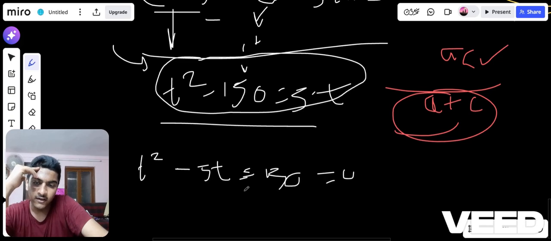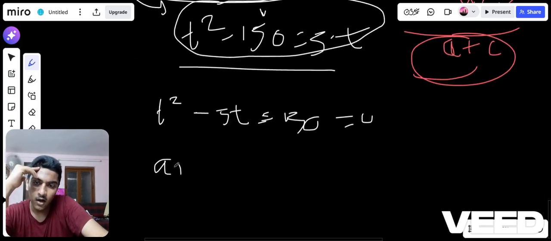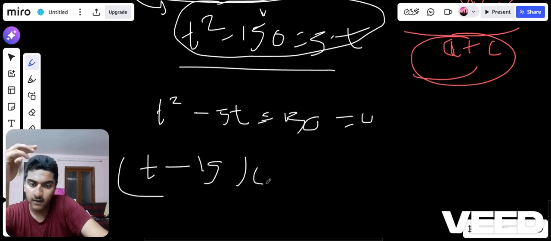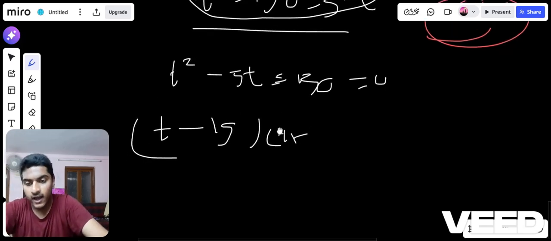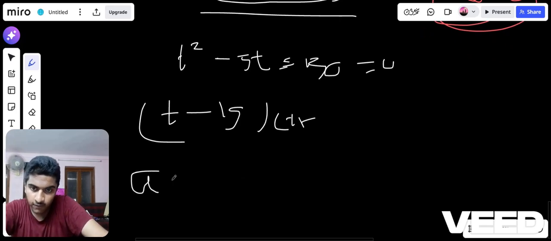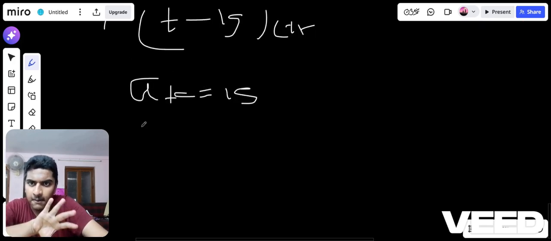So if we factor, we get t minus 15 and t plus 10, right? So we get two values. We just equate these two terms to 0 as we do in a quadratic. We get a plus c is equal to 15, or a plus c is equal to minus 10.